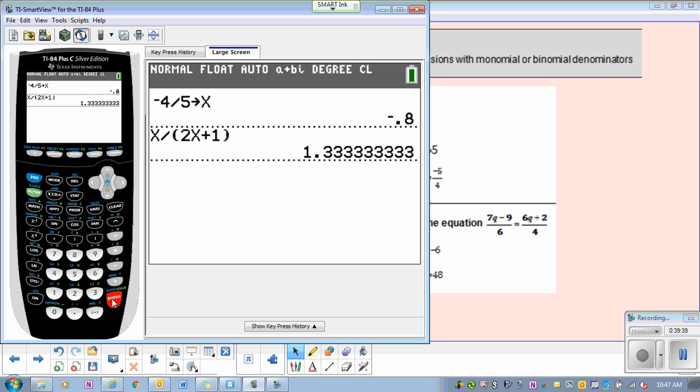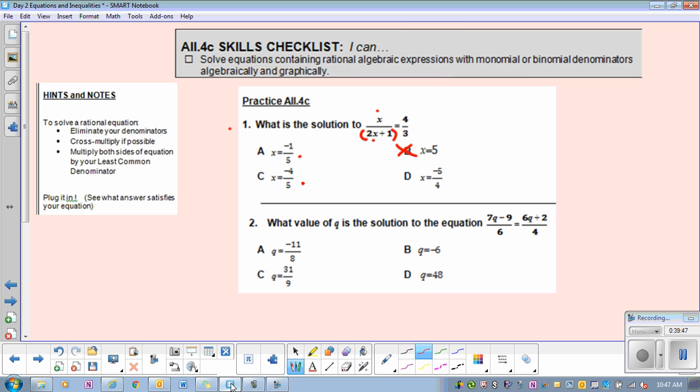Math enter, enter. Perfect. So this one is C. That was nice because we only had the variable on one side of the equation.